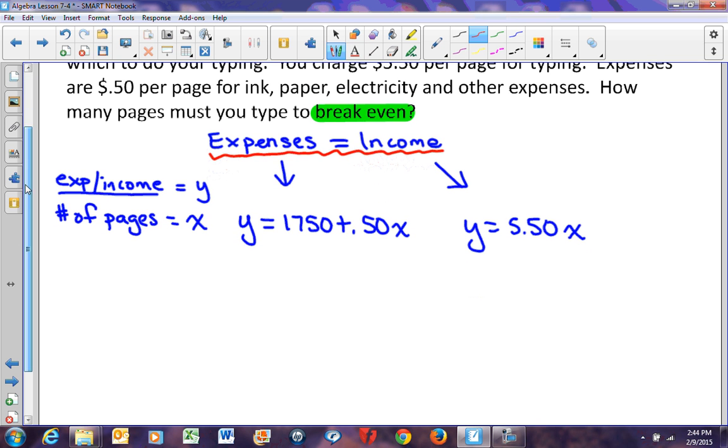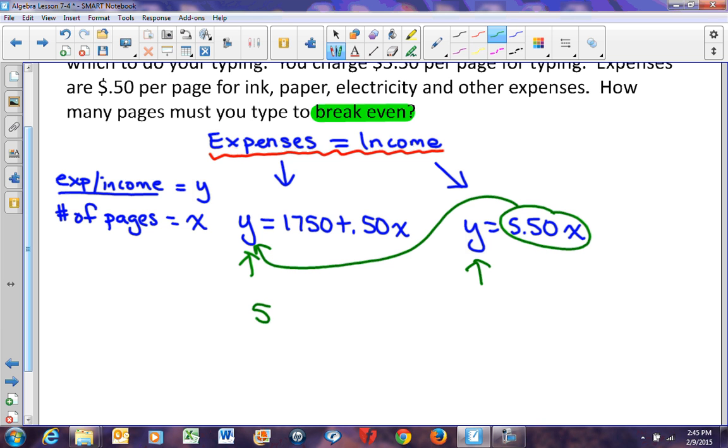So simply put, I'm going to set those 2 equations equal to each other. So expenses equals income, which is kind of nice because if you look at it, I can substitute in for either one. So since my expenses equals my income, I'm going to put in 5.50x for y over here.